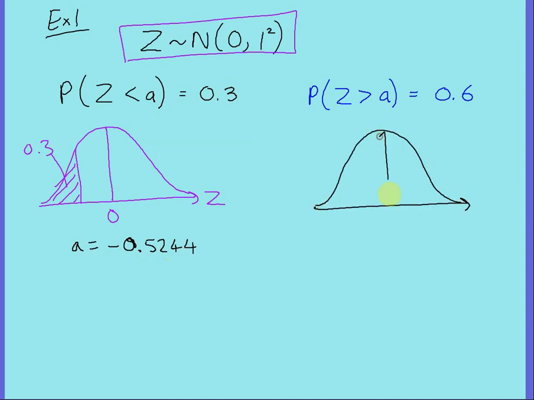We do this one. Now it's greater than this value, and that's 0.6. So we're going to be looking to the right hand side of wherever we put this next line. So it has to be to the left of the mean, because all of this would be 0.6. So the probability of getting a score greater than A is 0.6. What is that score?